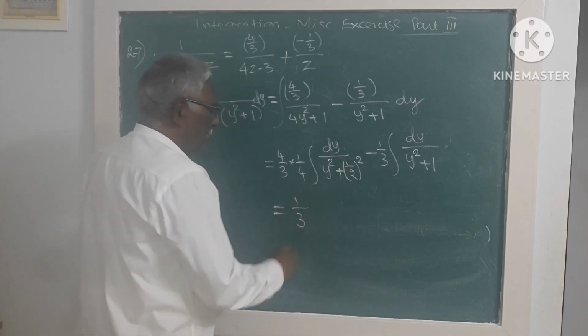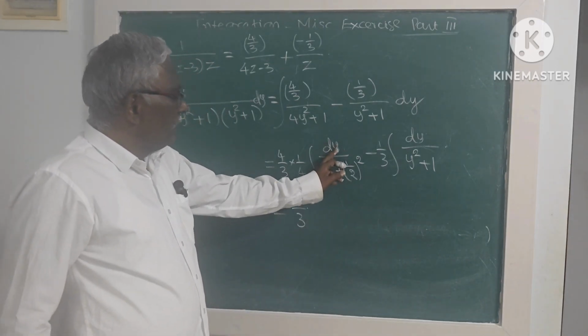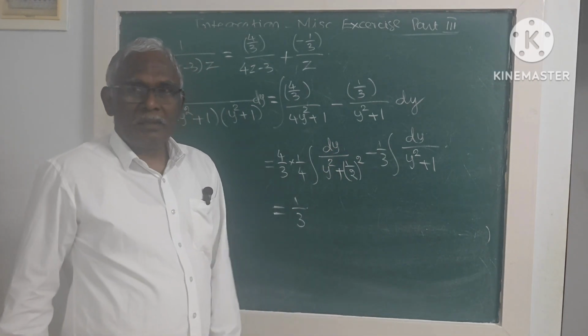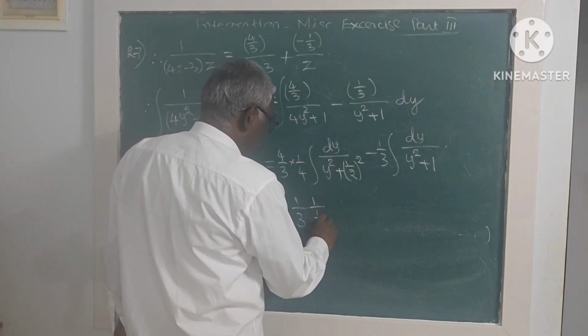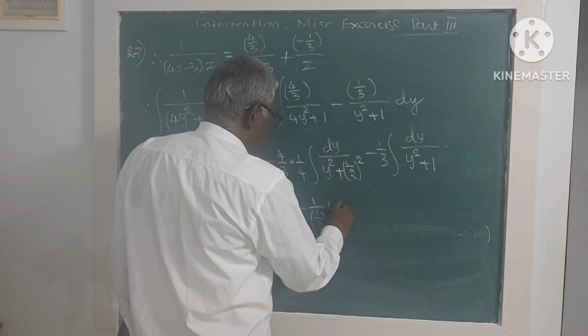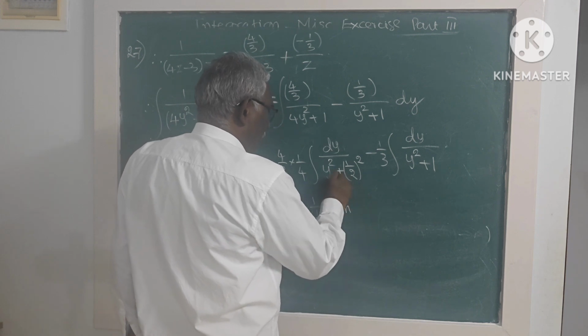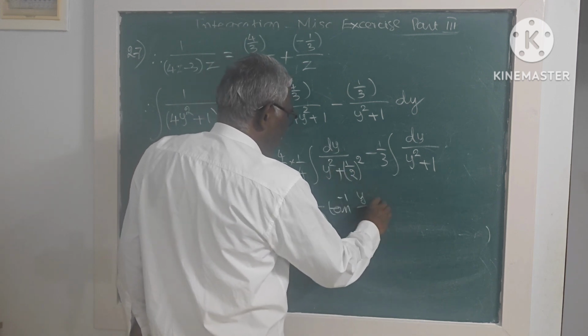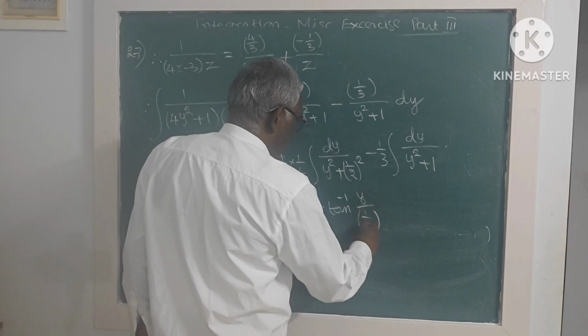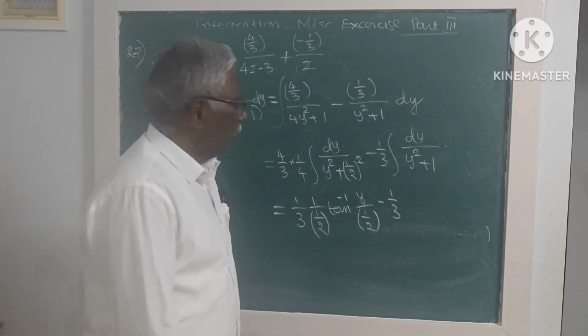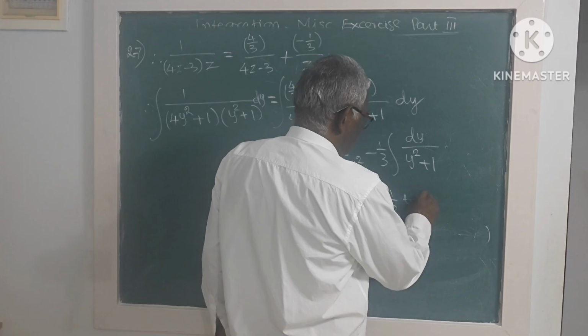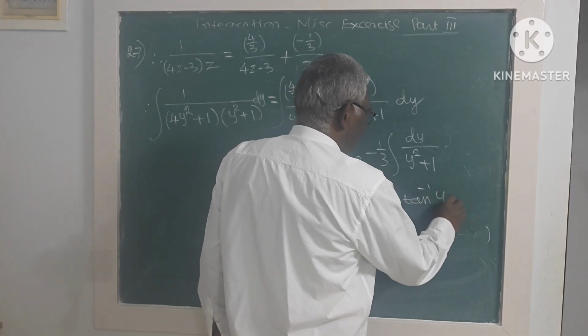This is of the form integral dx by x square plus a square, so 1 by a tan inverse x by a. Here y by half, minus 1 by 3 times 1 by 1 into tan inverse y.